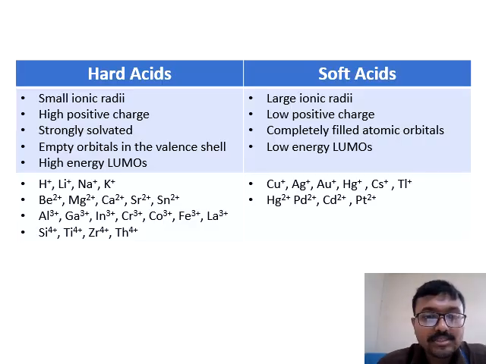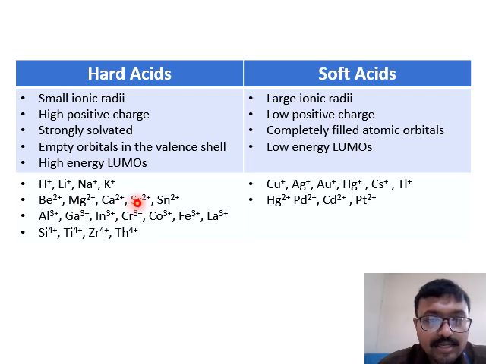There are some examples of hard acids and soft acids, and the characteristics of each. Characteristics of hard acids: small ionic radius, high positive charge, strongly solvated, empty orbital in valence shell, and high energy LUMO. Examples: H plus, lithium plus, sodium plus, potassium plus, beryllium 2 plus, magnesium 2 plus, calcium 2 plus.